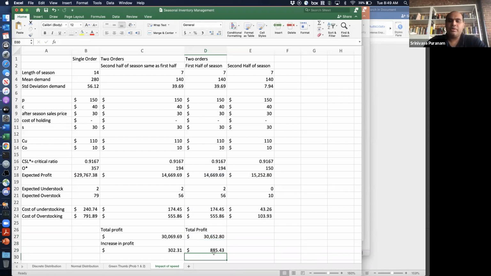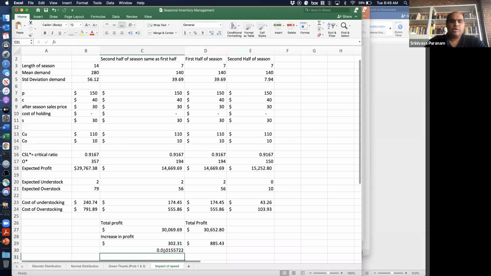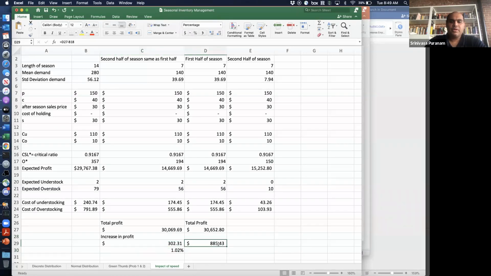This time the increase, how much is this? This is about 1%, right? 1.02%, and this is about 2.9%, about 3%.